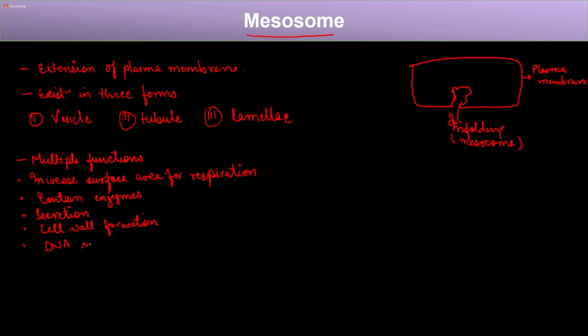So it also consists of enzymes that help in DNA replication and cell division. So mesosome performs multiple functions, such as they increase the surface area for respiration, contain enzymes, have a role in secretion or sending something out of the cell, contain enzymes for cell wall formation, DNA replication, and cell division.